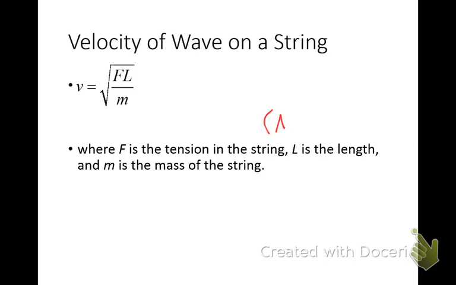Do not be confused with frequency, which is also denoted by F, but generally a lowercase f measured in hertz. Not the same thing. L is the length of the string, and M is the mass of the string. So the length will be in meters, and the mass will be in kilograms, if you want to get a velocity in meters per second.